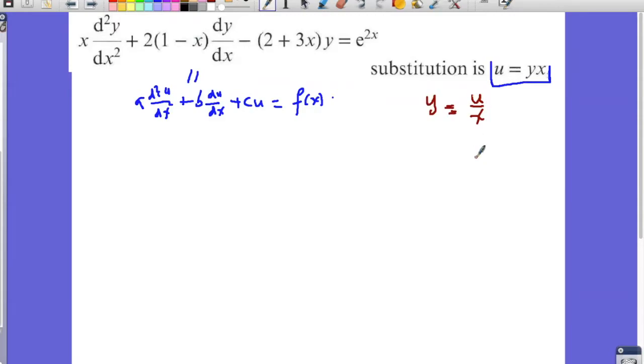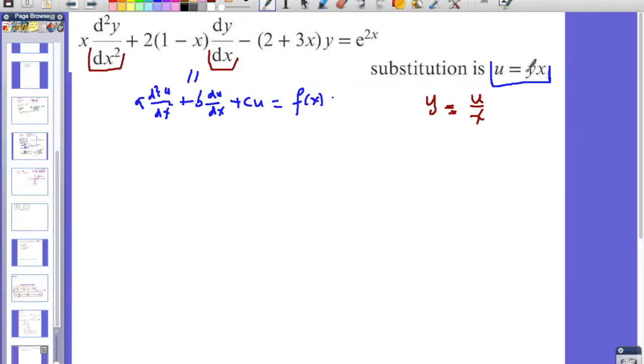Put it in the simplest form, and then you differentiate all through. We have dy dx here. We also have d squared y dx squared. So you must also understand that you will have du dx, and you will also have d squared u over dx squared. So just put the equation in the simplest form, then differentiate it all through.